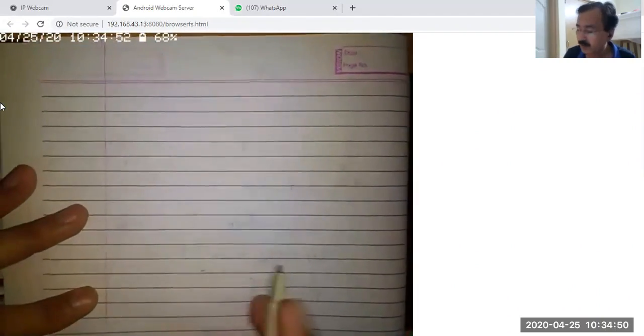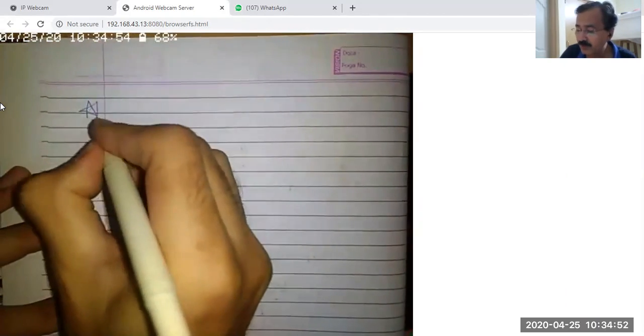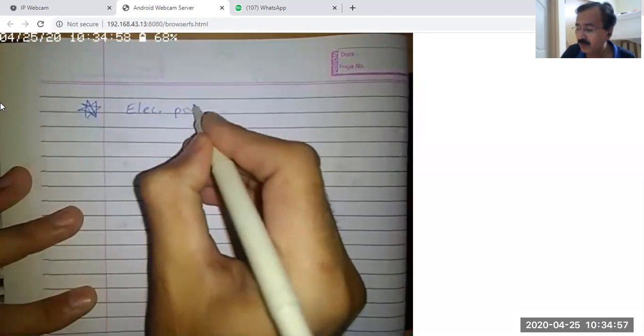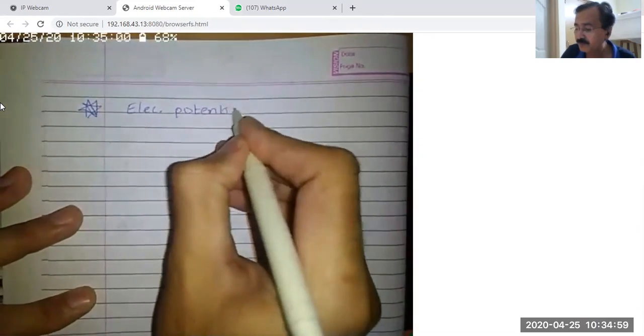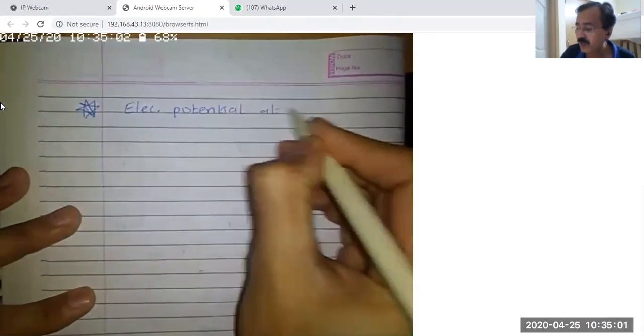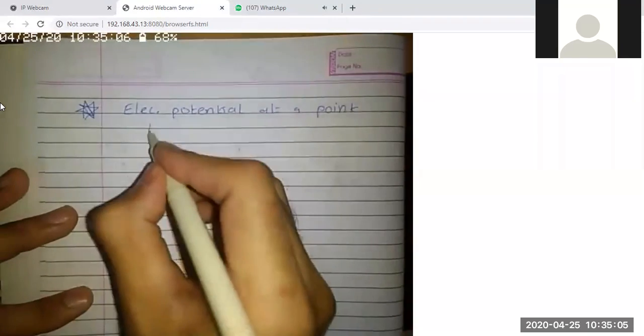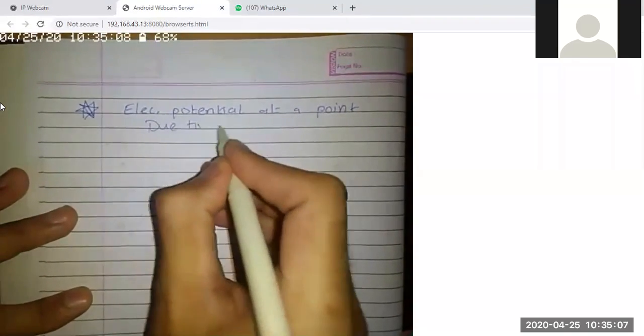Okay. So this new topic is electric potential at a point due to a dipole.